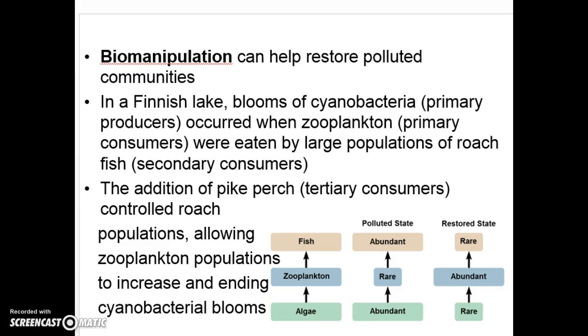And so we get everything out of balance. So by adding pike perch, which eat those roach fish, then we can allow the zooplankton populations to increase back to a stable level, and then they can control and manage the cyanobacteria blooms or overpopulation. So this is biomanipulation.